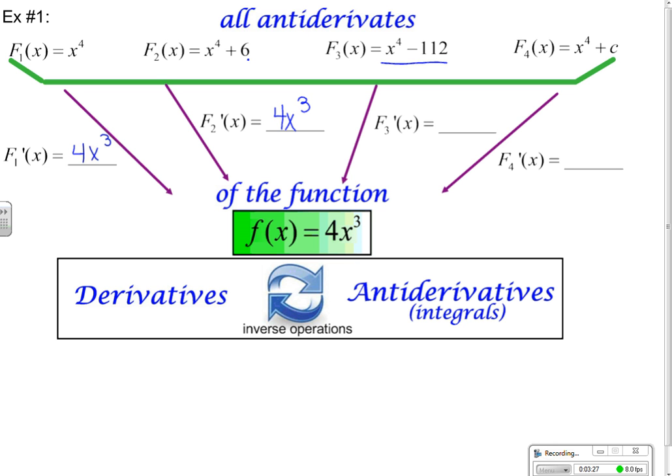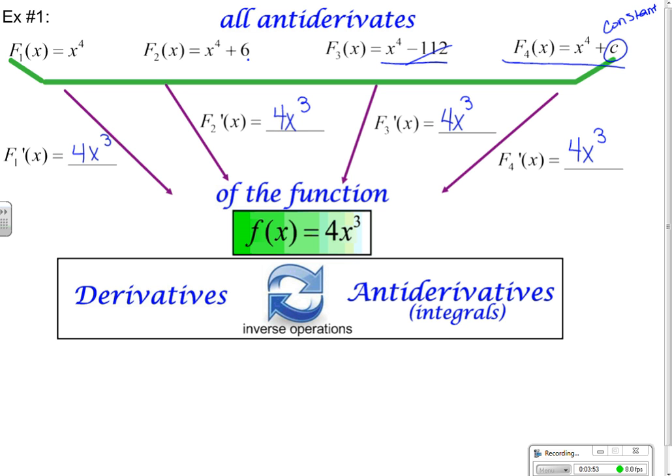The derivative of x to the 4th minus 112 will be 4x cubed, and the derivative of 112 goes to 0. Here we've got our 4th function, x to the 4th plus some constant c, which means I just have some value for c. The derivative of that's going to be 4x cubed plus 0.